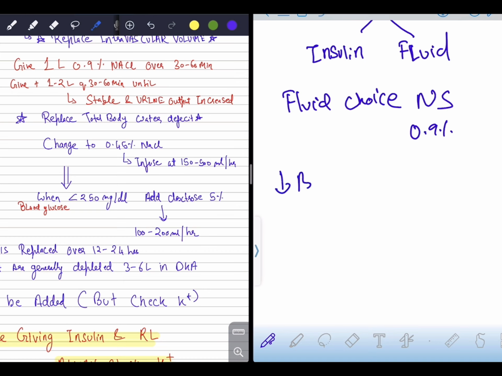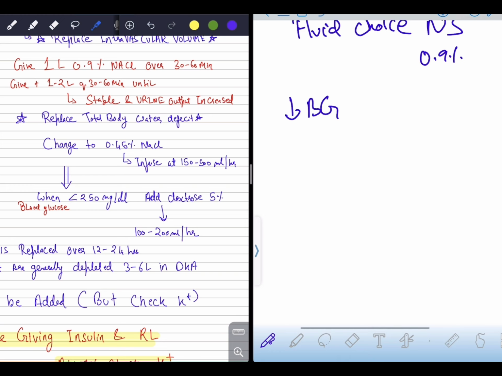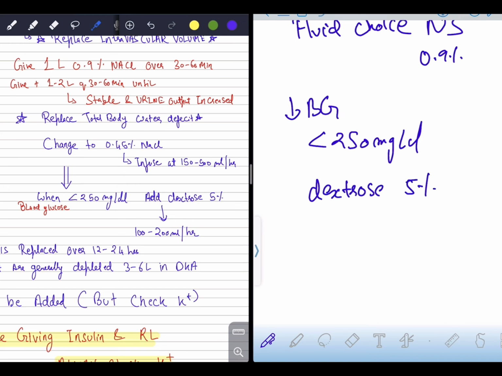So the blood glucose level will also go down, and if the blood glucose goes down to 250 mg per deciliter, then you have to add dextrose 5% at 100 to 200 ml per hour, right?